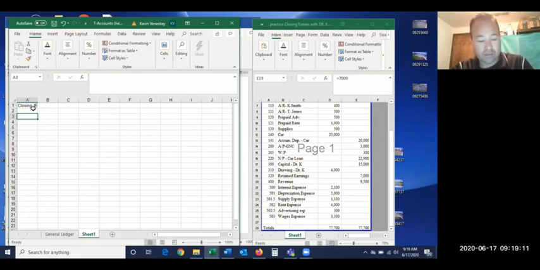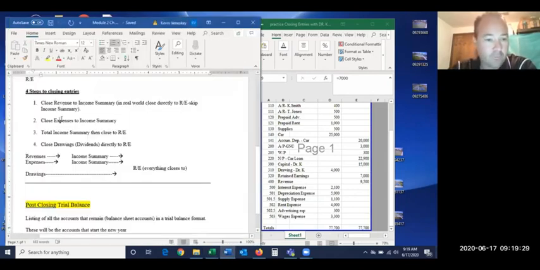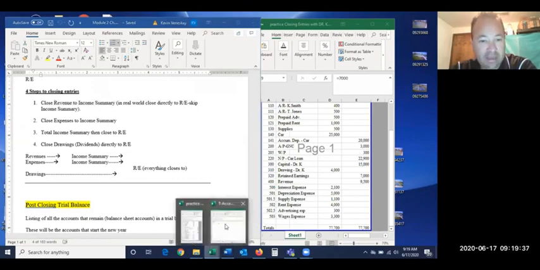So let's get into it here. We need a debit column and a credit column for our accounts. The first item, going back to our 4 steps, is to close our revenue into the income summary. Remember, I also added the income summary.